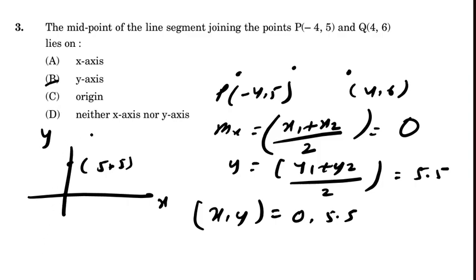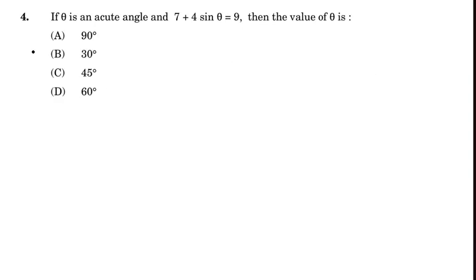Now moving to the fourth question. If theta is an acute angle and 7 plus 4 sine theta is equal to 9, find the value of theta.